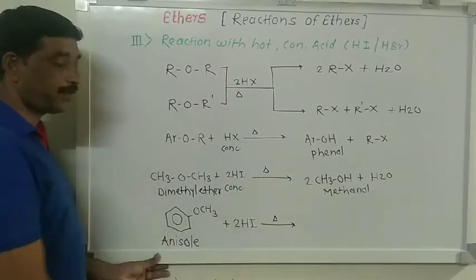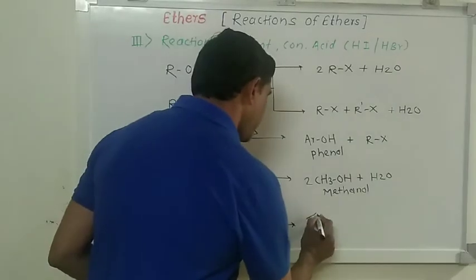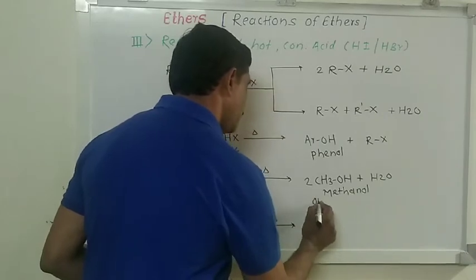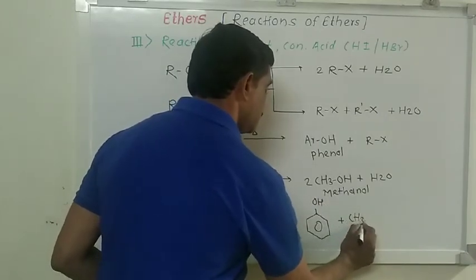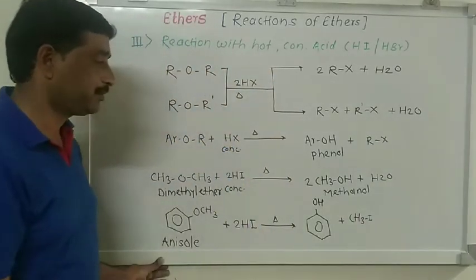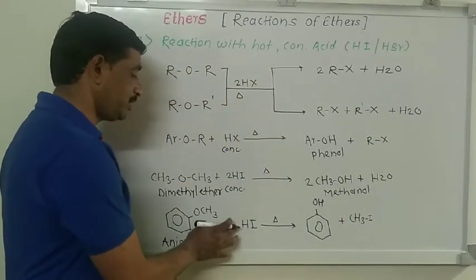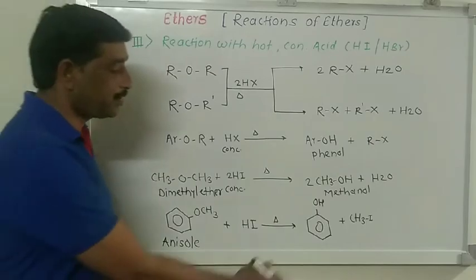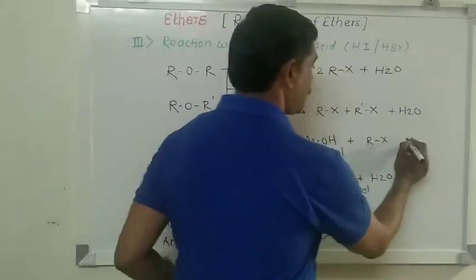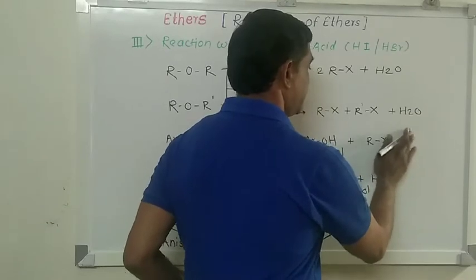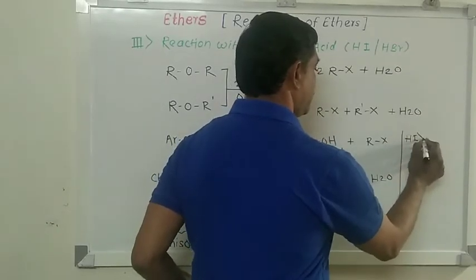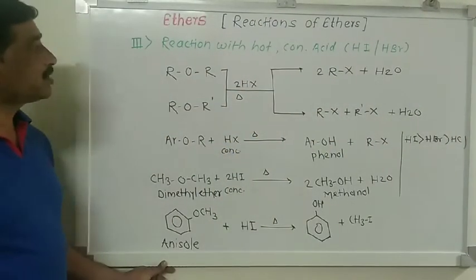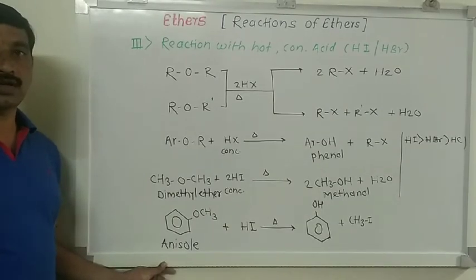When anisole is reacted with hydrogen iodide, we get phenol plus CH3I, that is methyl iodide. Here only one molecule is required. So the aromatic part is always converted into the hydroxide. When you consider the order of reactivity of these hydrogen acids, it is HI, HBr, and the last one is HCl. So this is about the reaction of ethers with hot and concentrated acid.